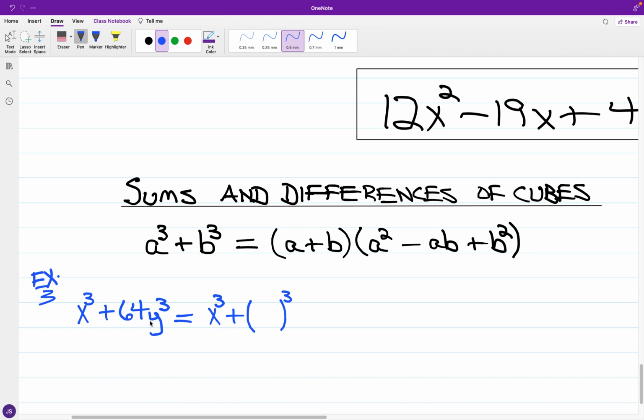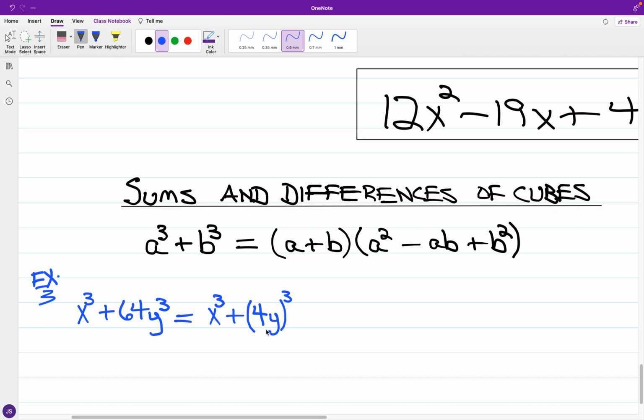a is going to be x, since x times x times x is x to the third. Now for b, you're looking at the term that, times itself three times, will give you 64y to the third. For the number, that is the cube root of 64, which is 4. And the cube root of y to the third is y.